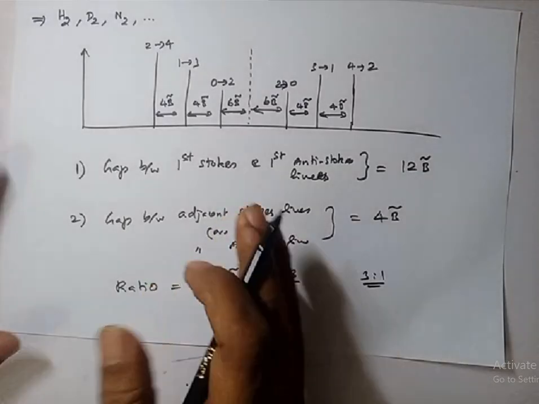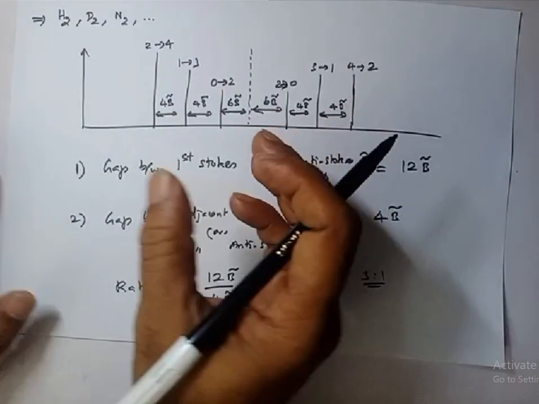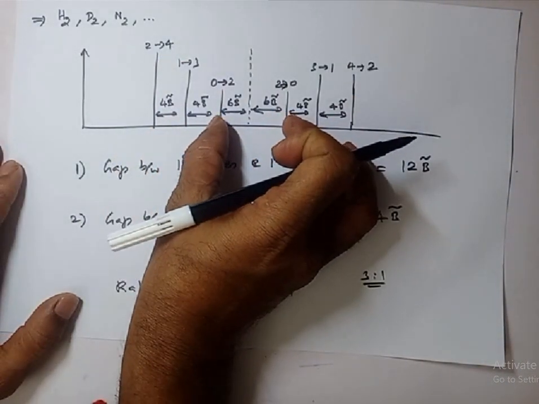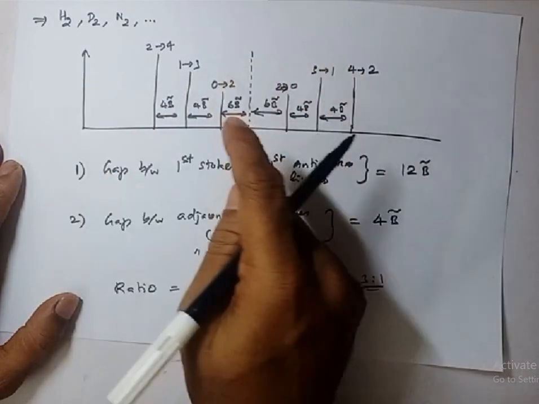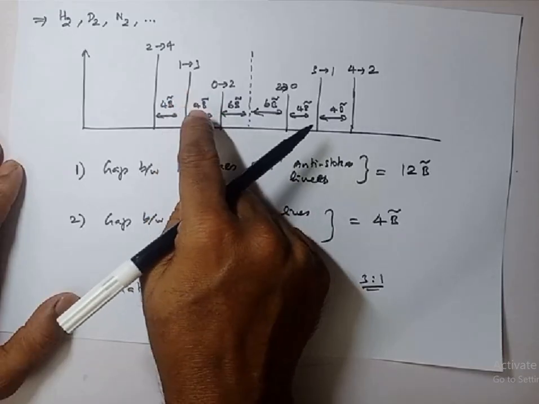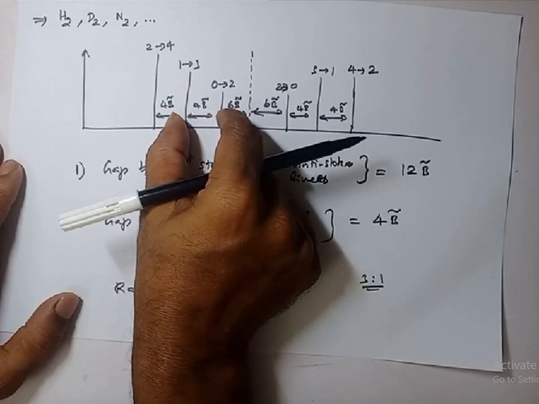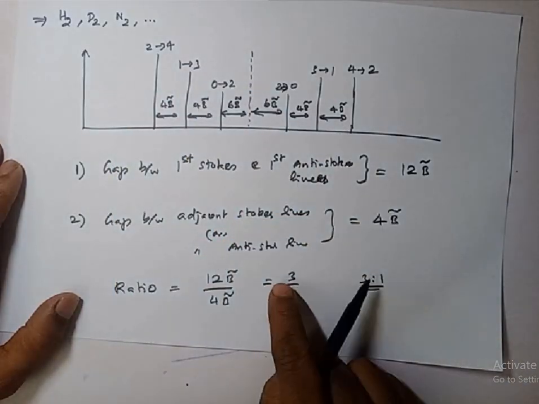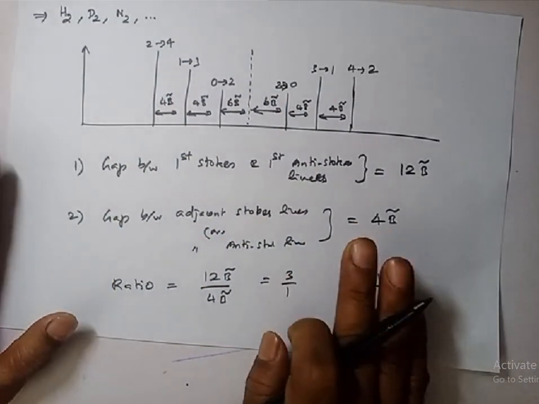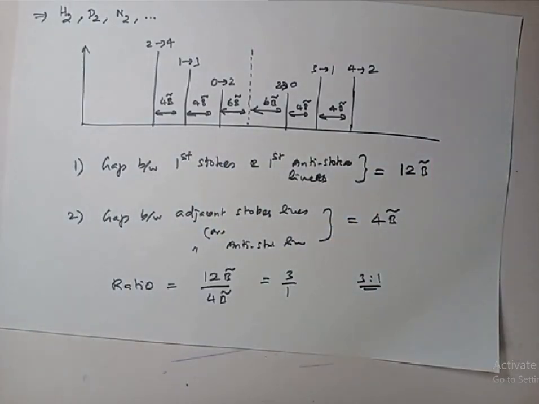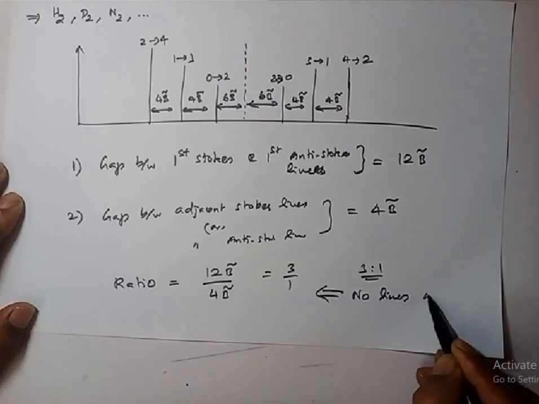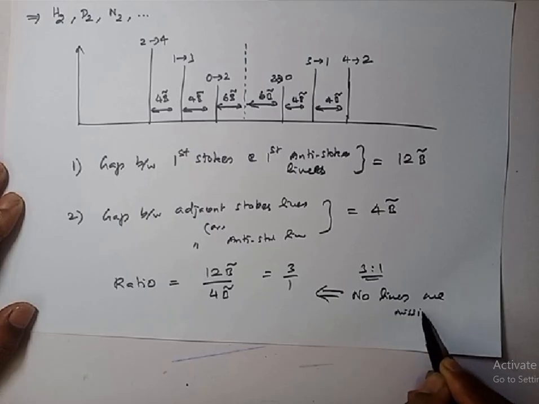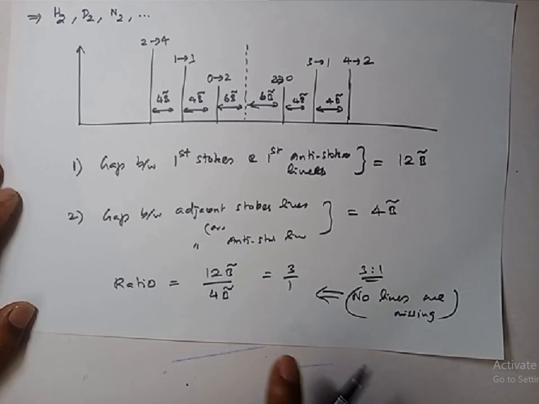If, after getting a spectrum, you calculate the gap between the first Stokes and first anti-Stokes line and divide it by the gap between adjacent Stokes lines, and you get 3:1, then it indicates a normal Raman spectrum. No lines are missing.